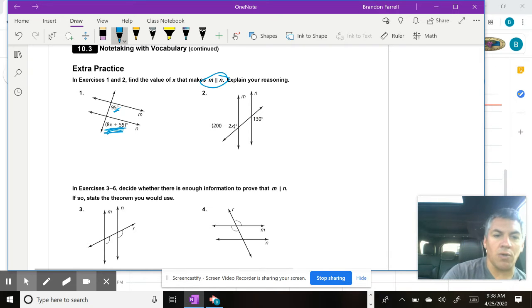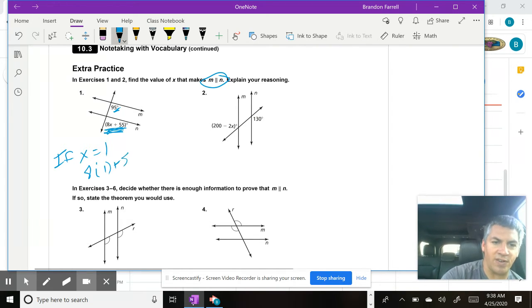Let's just say that if x is equal to 1, a random number, then 8 times 1 plus 55 is 63. Well, 63 is certainly not equal to 95. So therefore, M is not parallel.